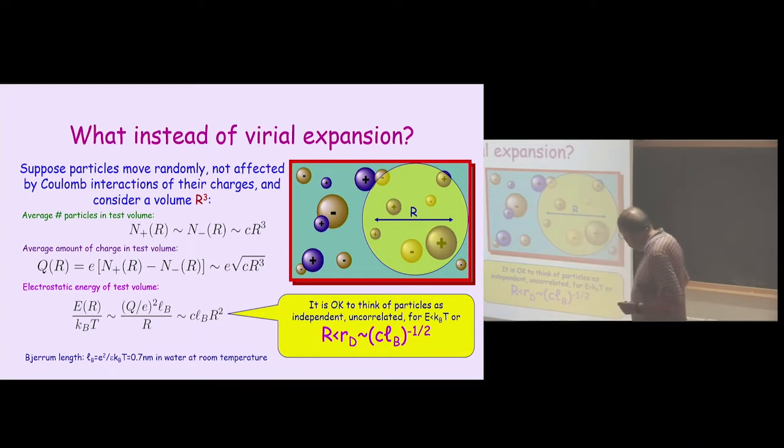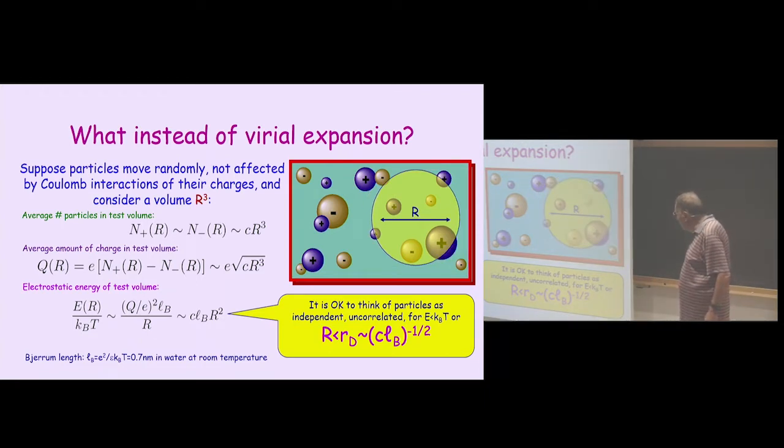So if you want to have 1/2 power, you have to have a length from the units point of view. And this length is this Bjerrum length. The Bjerrum length, I remind you, is a very simple concept. It's the distance between two elementary charges that interact with the energy of kT.